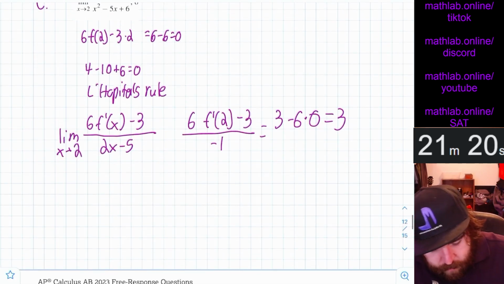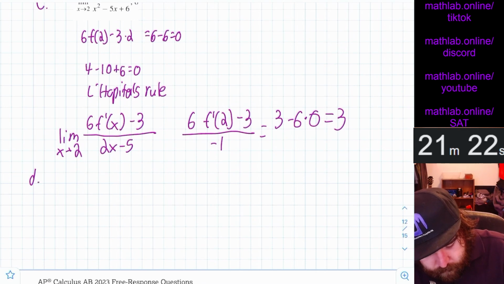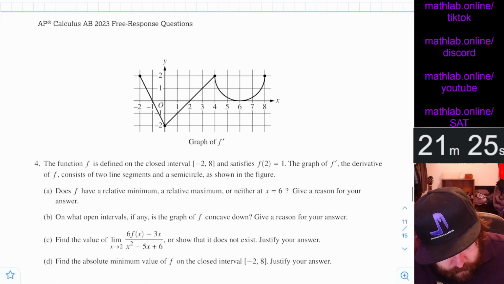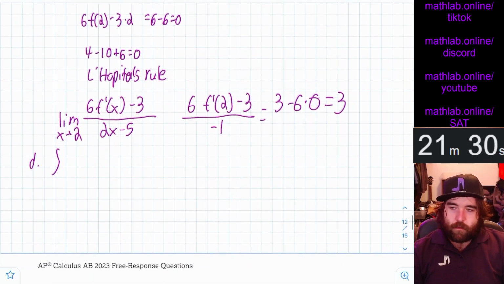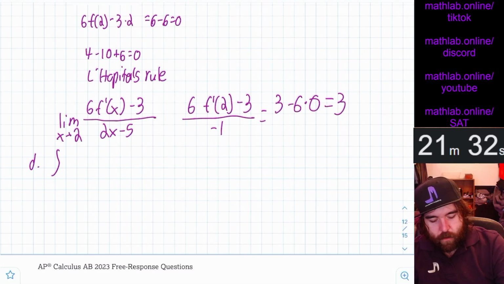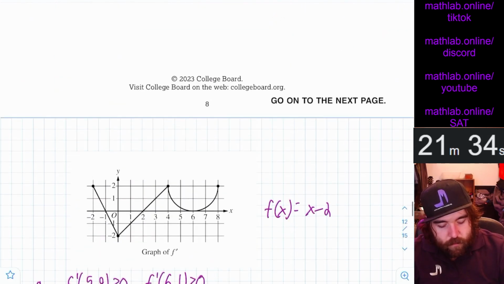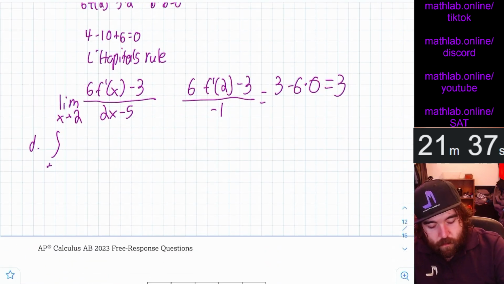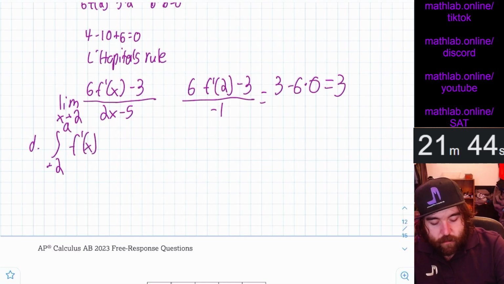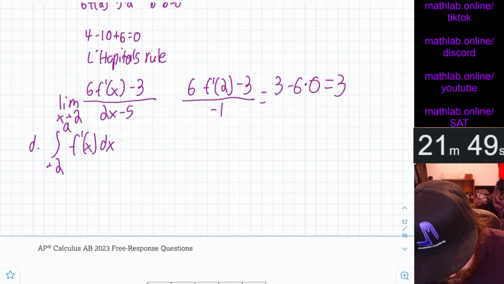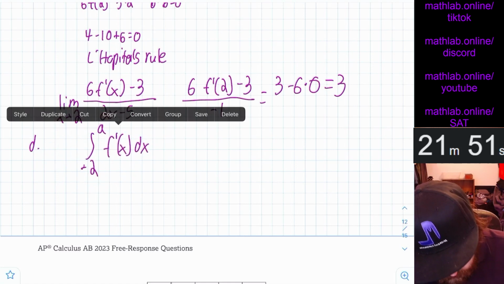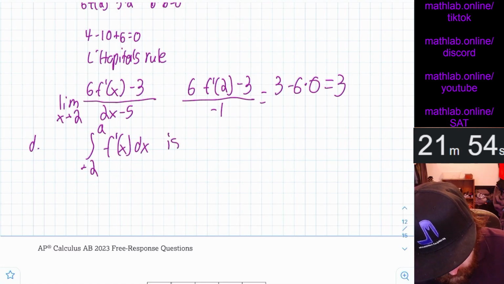I want to try to think about doing the integral because we want the absolute minimum. So we want to know from negative 2 to a of f prime of x dx is minimized.